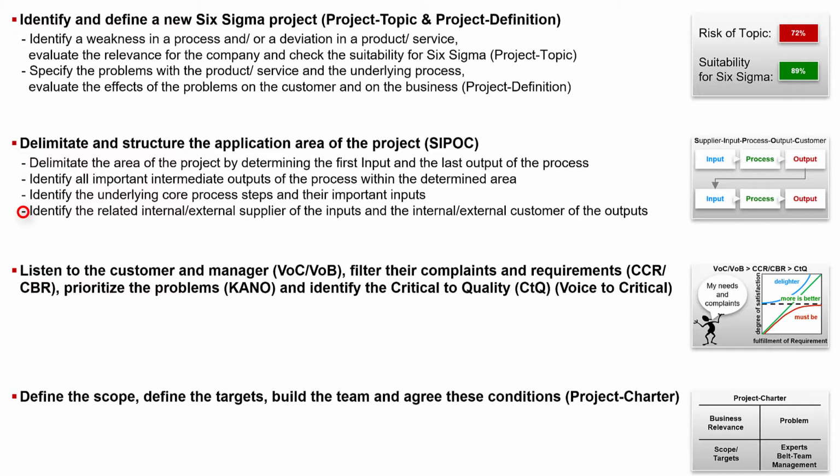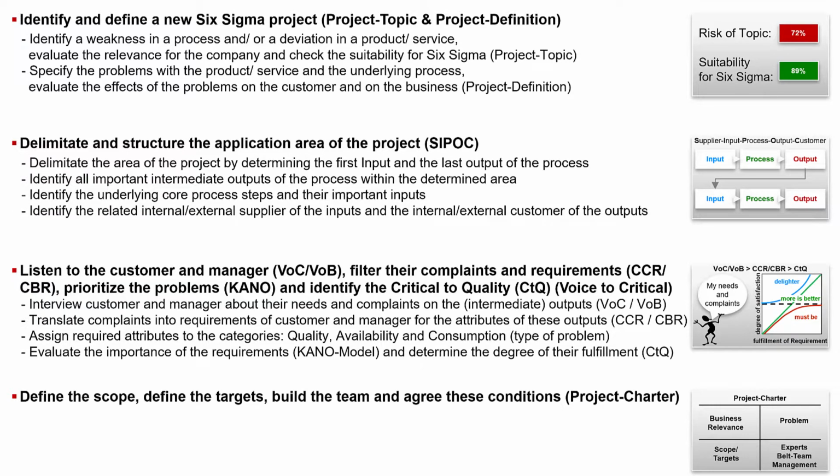I combined the tools Voice of Customer, Voice of Business, the identification of critical requirements, the Kano model and the CTQs in one tool and called it Voice to Criticals. We start by interviewing customer and manager about their needs and complaints on the product or service. Then we translate the complaints into critical requirements for the attributes of the product or service.